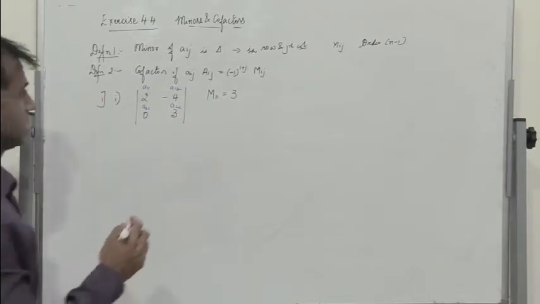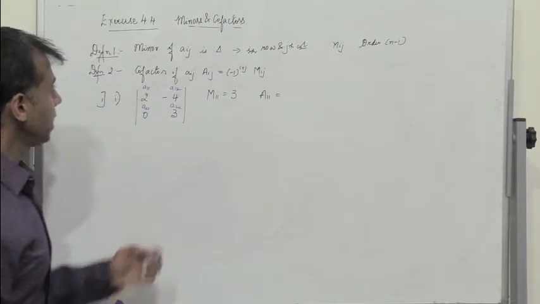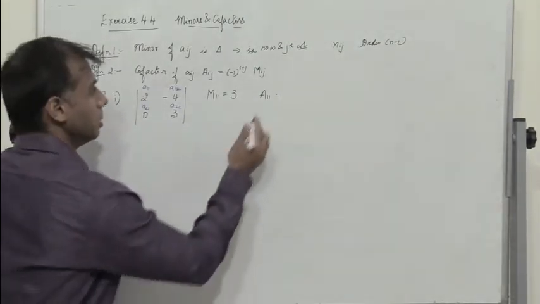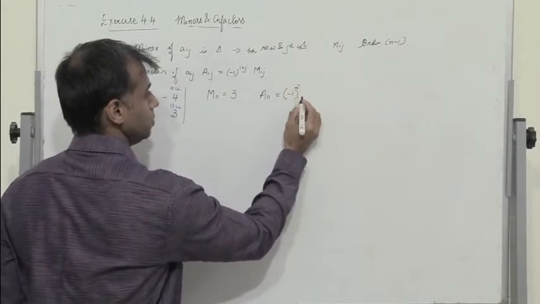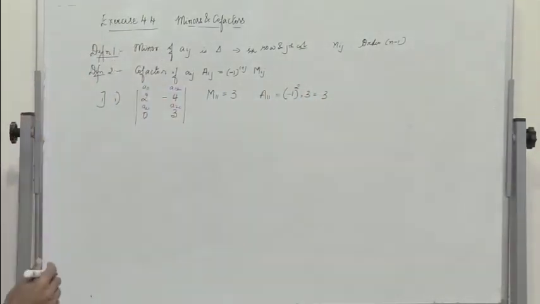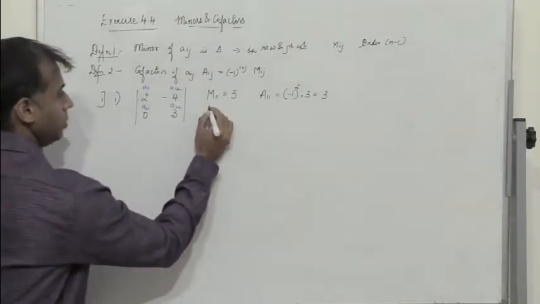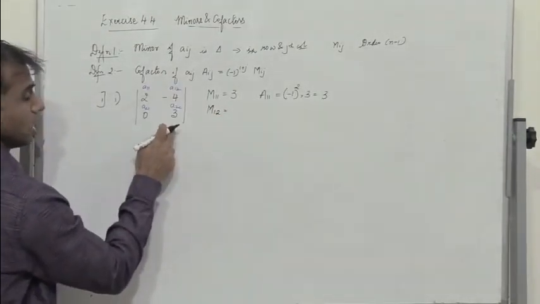Next, what about cofactor? Cofactor A11 is nothing but multiplying the minor with minus 1 whole power 1 plus 1, which is 2, which gives me 3. So next, M12. So first row, second column.